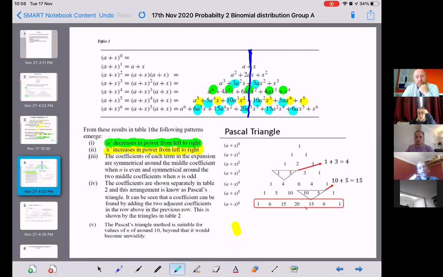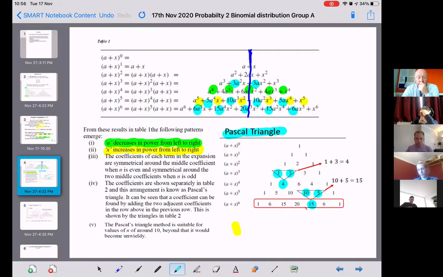Lastly, the coefficients in that table, separated out, form Pascal's triangle, where any number in there is equal to the two numbers above it added together. So that 4 comes from the 1 and 3 above. This 15 comes from the 10 and the 5 above. So you can always build the next line of a Pascal triangle by adding the pairs of numbers together.